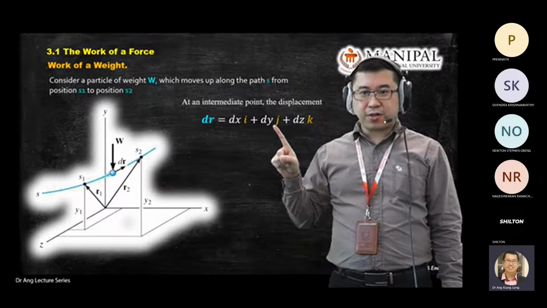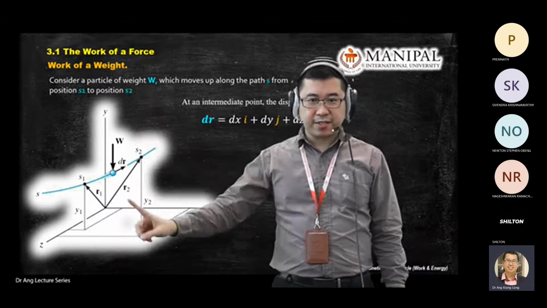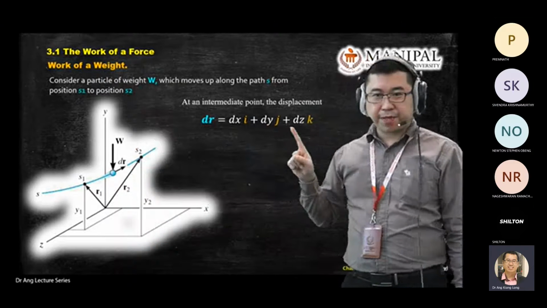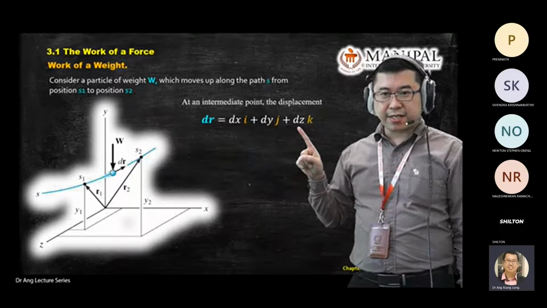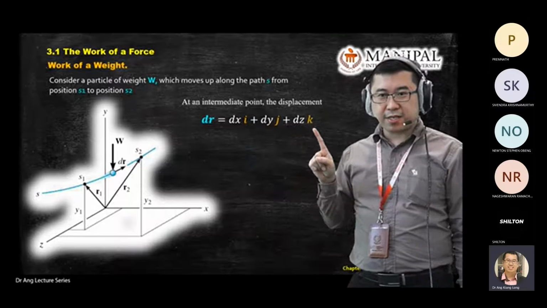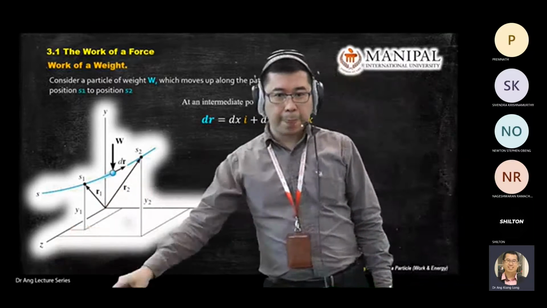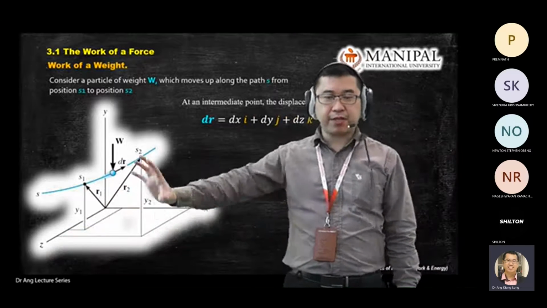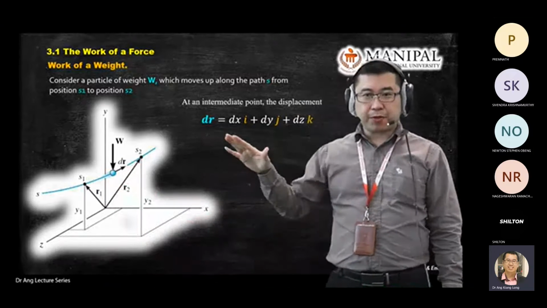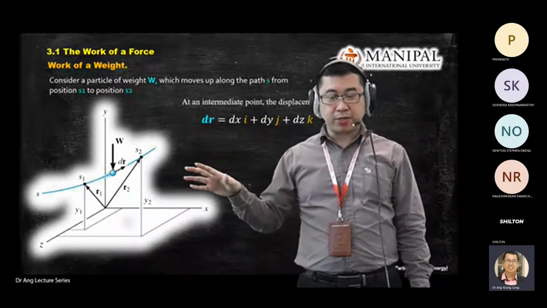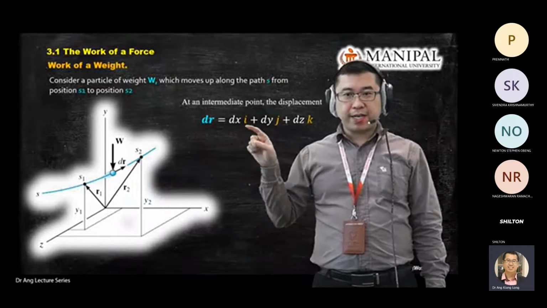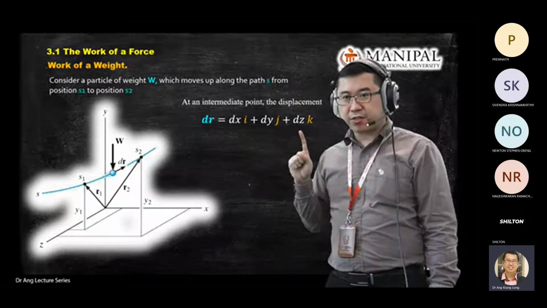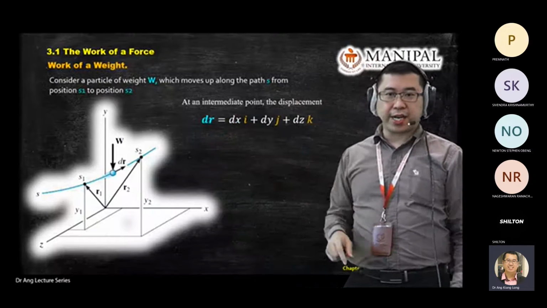Magnitude in y, j is the y direction. Magnitude in z, and this is the z direction. This axis can be tilted and can change, but what is important is that once you are given a three-dimensional problem, you know the change of r can be written in three-dimensional format with i, j, and k.